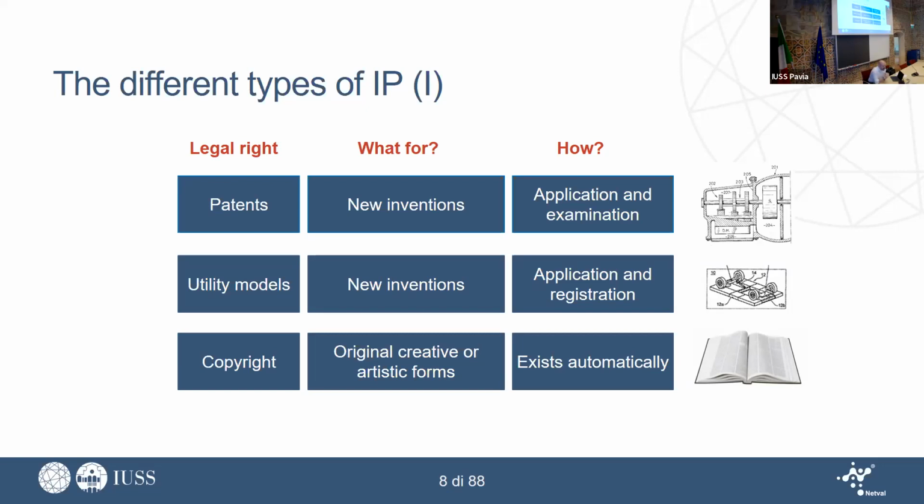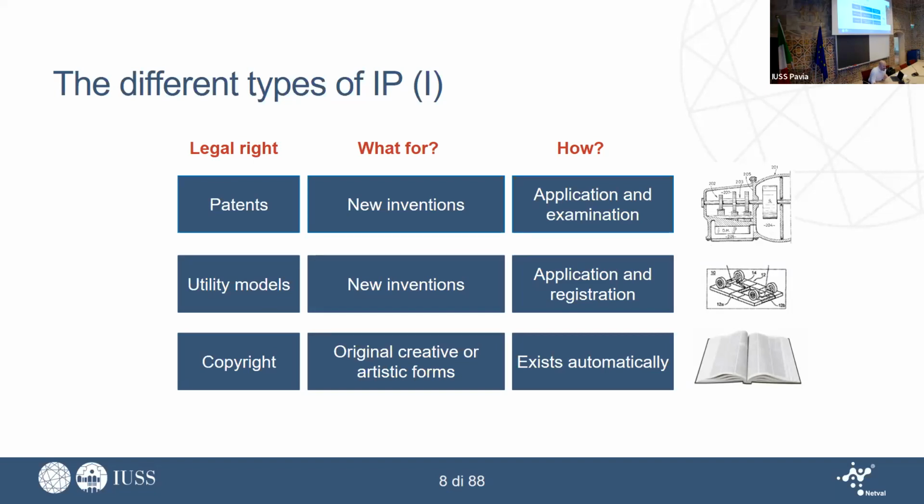The utility model offers a simpler protection for a shorter period of time, but they are usually registered in a quicker, faster way than patents.